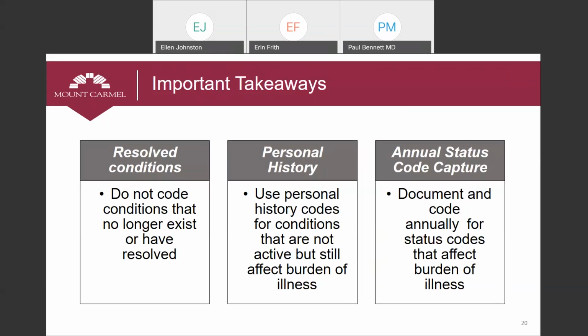When a condition has resolved but still affects the patient's burden of illness, it is appropriate to use a personal history diagnosis code. Annual status code capture. When a patient has one of the status conditions listed on slide 15, it's appropriate to document and capture these codes once in the calendar year, since they can affect a patient's burden of illness.